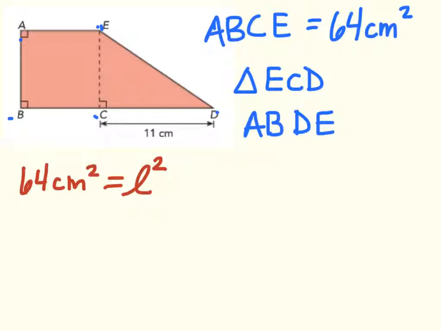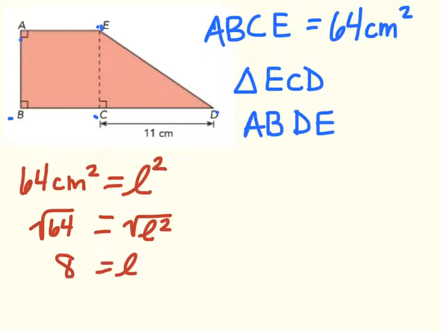Length squared equals 64. So the square root of each side, this goes way back in our 6th grade math book, doesn't it? So the square root of the length will equal 8, therefore length equals 8. All right, so now we know some more information. This is 8, this is 8, this is 8, and this is 8. Okay, next step.